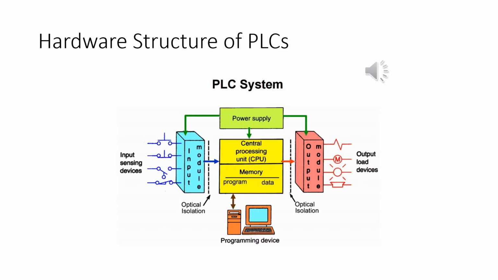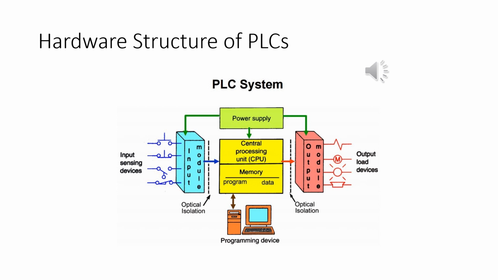In this slide, we have a drawing representing the PLC system, which consists of a power supply and a CPU, which is the central processing unit of the PLC. It has memory space, which is divided into program memory and work or data memory.